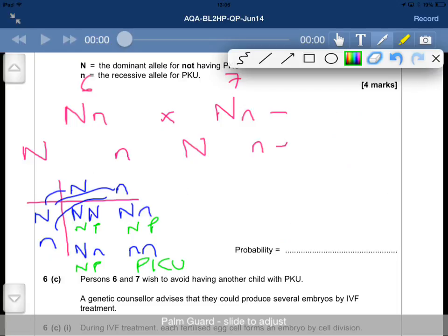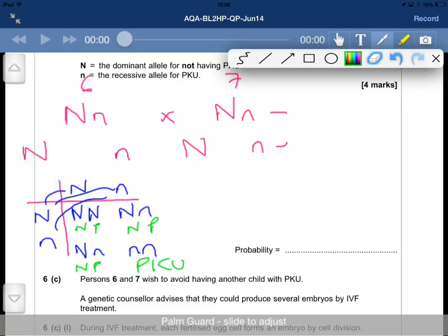Now, there are things I can tell you which we can learn from doing this. Every single heterozygous cross, which is when you have the dominant and recessive alleles together, for example, Bb times Bb, goes to a 3-to-1 ratio. Every single one.